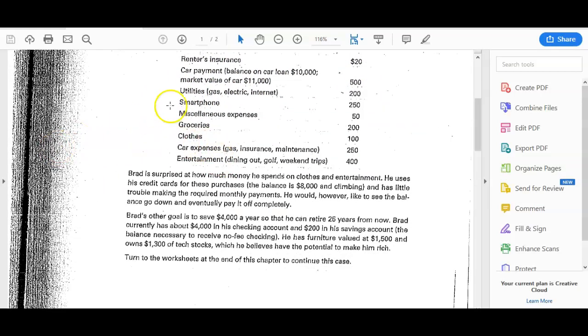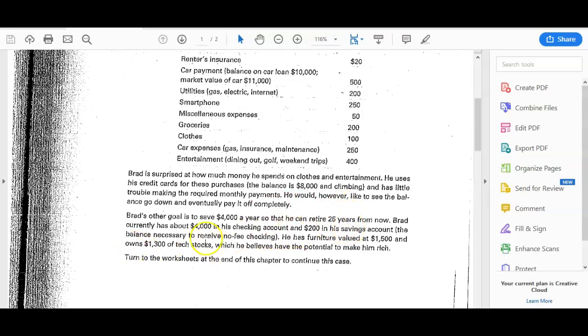And once you've read all the information, it tells you that Brad is surprised how much money he spends on clothing and entertainment. He uses his credit card for these purchases. The balance is $8,000 and climbing. And so you're going to try to help Brad out. His goal is to save $4,000 a year so he can retire 25 years from now.